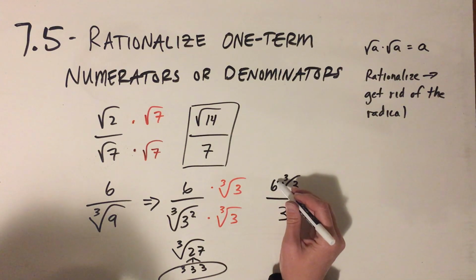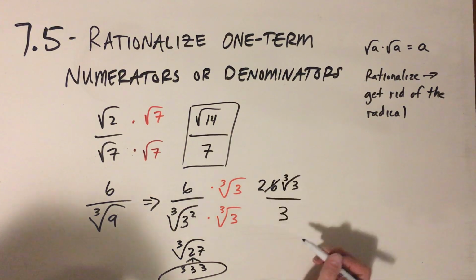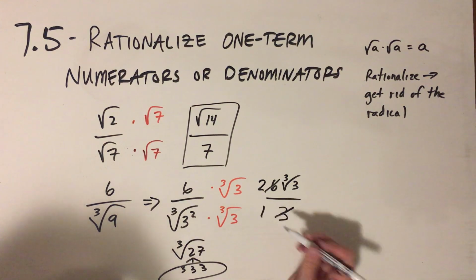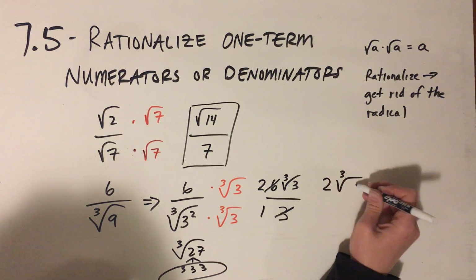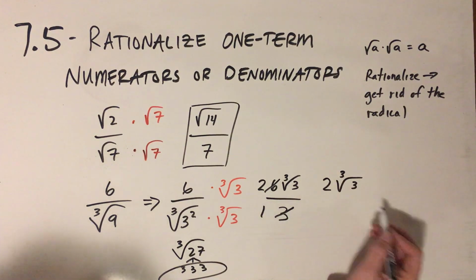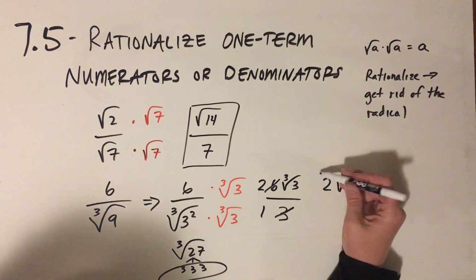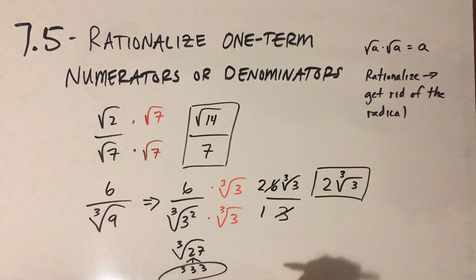So I'm going to factor a 3 out of here. That'll leave me with a 2, and when I factor a 3 out of here, that'll leave me with a 1. So that gives me 2 cubed roots of 3 over 1, but anything divided by 1 is just itself. So this would be rationalizing this denominator.